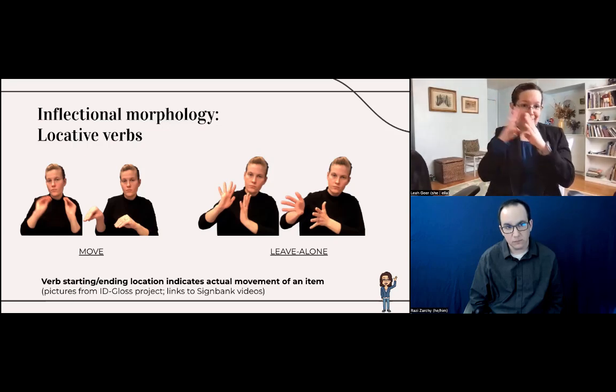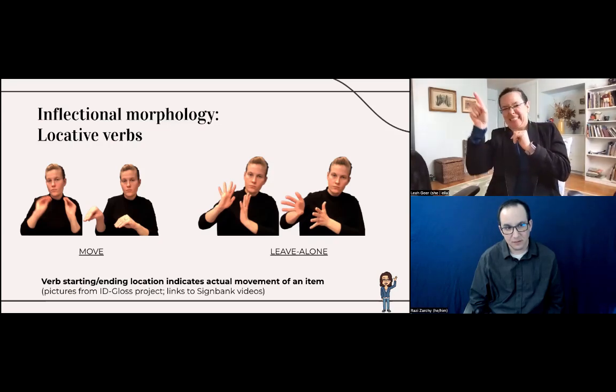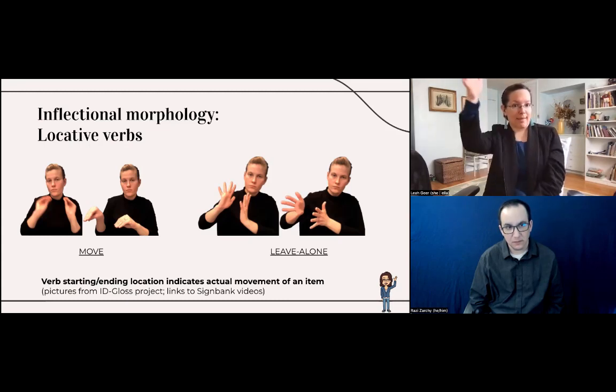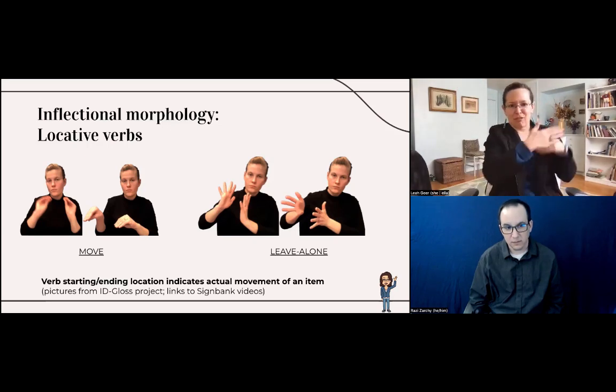Or if I indicate a referent that is out of my natural signing space, maybe I'm pointing into the backyard of my parents' home or where it may be in my narrative, I do need to show that it is in a space that's beyond where we are right now.